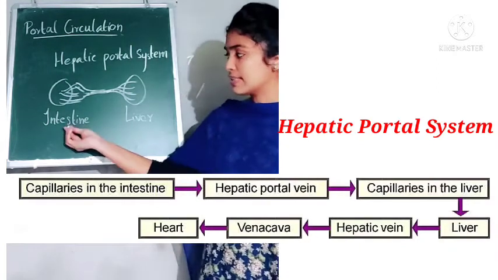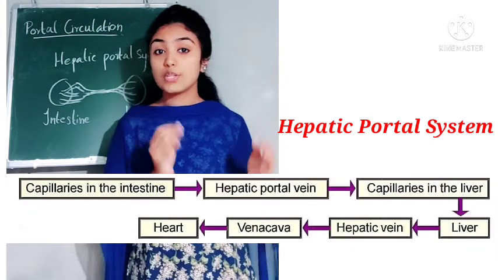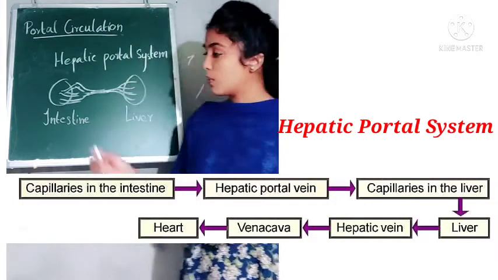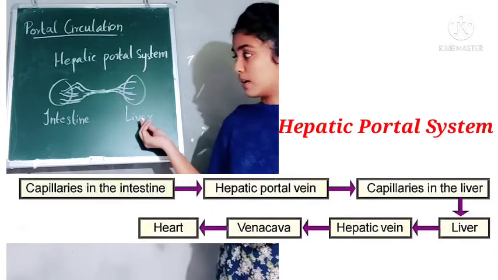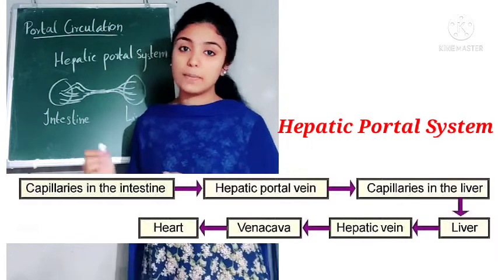In the intestine, what is the speciality of the intestine? We know that there are nutrients which we get through the food which we consume. When the blood is transported from the intestine to the liver, the nutrients are also transported along with the blood.